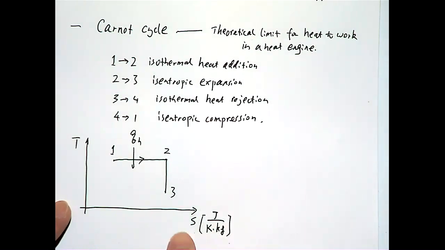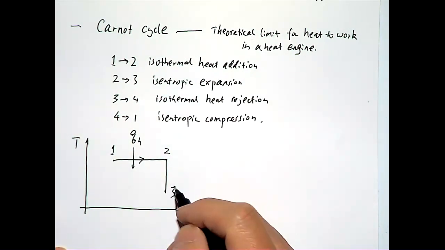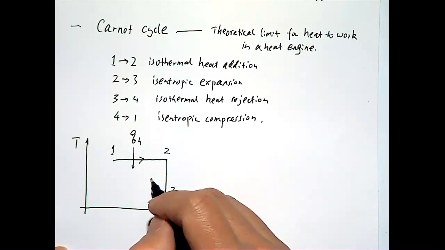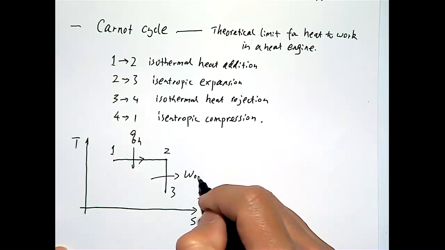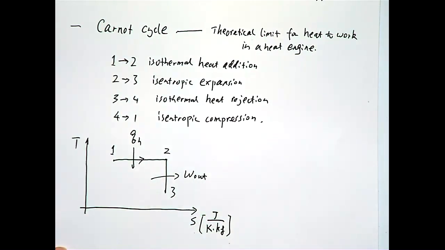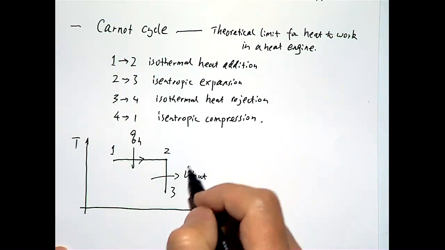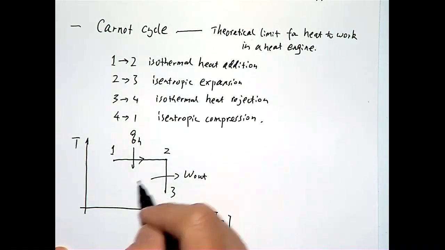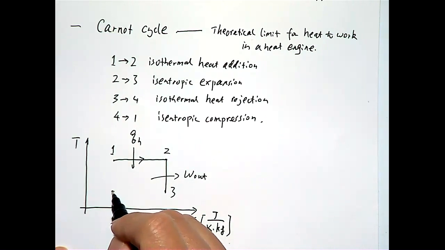So it's isentropic. Isentropic means entropy does not change in this process, so it must be a vertical line. And then this process is doing some work output, because it's expansion. And then 3 to 4 is also isothermal, so I draw another horizontal line here.